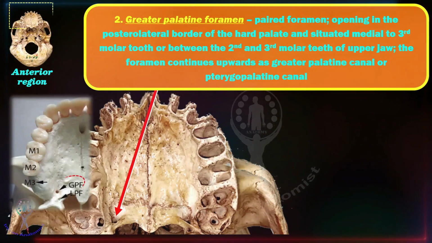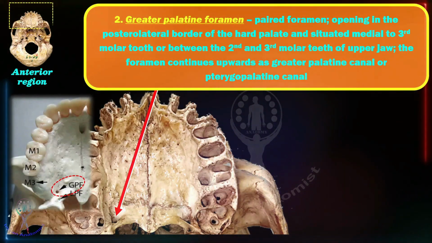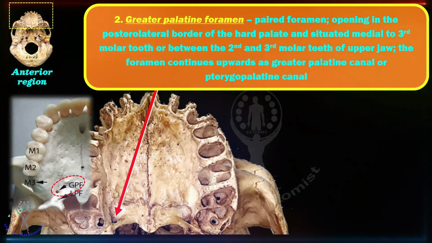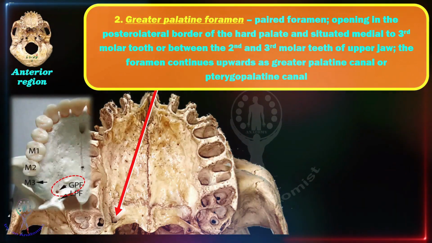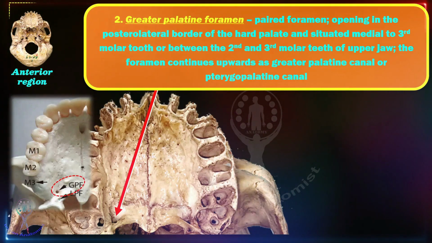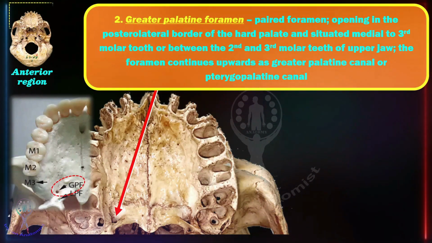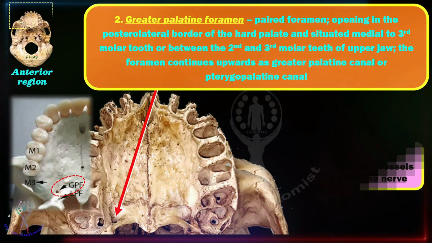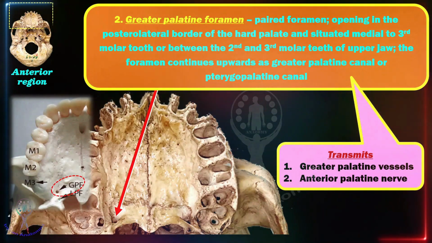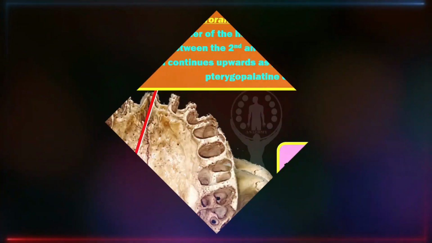These are a paired foramen opening in the posterolateral border of the hard palate and is situated medial to third molar tooth or between the second and third molar teeth of upper jaw. The foramen continues upwards as greater palatine canal or the pterygopalatine canal. The structures transmitted are greater palatine vessels and anterior palatine nerve.